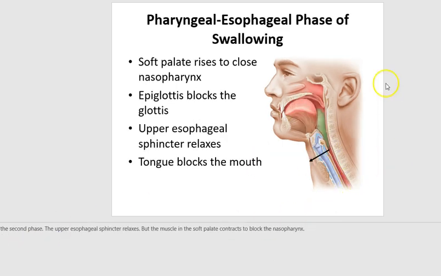In the second phase, the soft palate rises to close off the nasopharynx. The epiglottis blocks the glottis so that food doesn't go into the larynx. And the upper esophageal sphincter then relaxes, and the tongue blocks the mouth, of course.